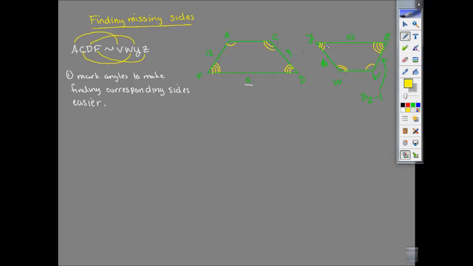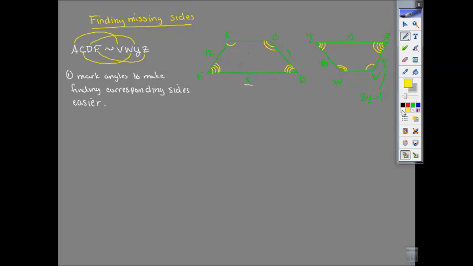CD is going to be similar to WY. DF is going to be YZ, and FA will be ZV. So that's how I'll know similar. It'll be between the same marked angles. Does that make sense? Okay.